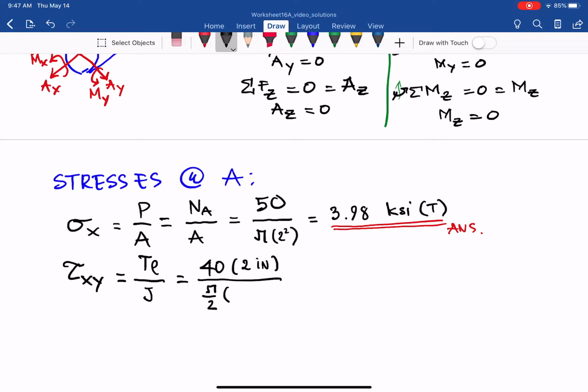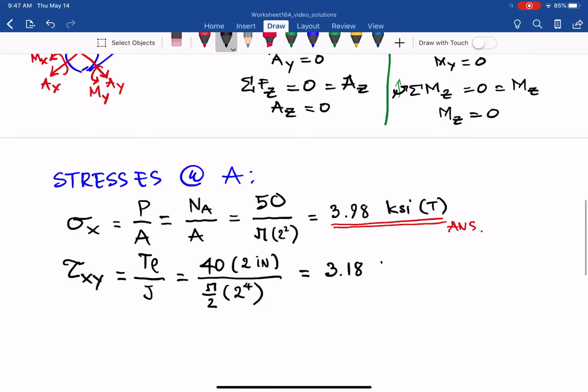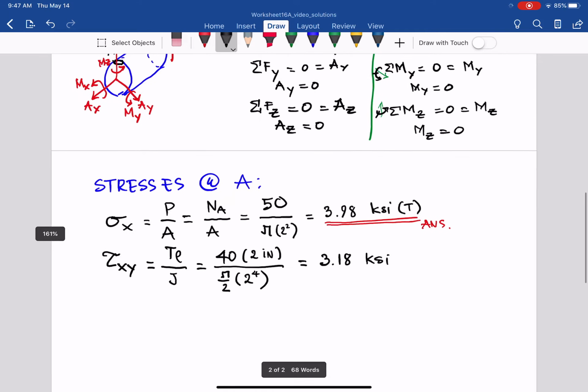That is inside the cover of your textbooks, and if you are not sure, go back to review in the torsion class. From that we get 3.18 ksi.